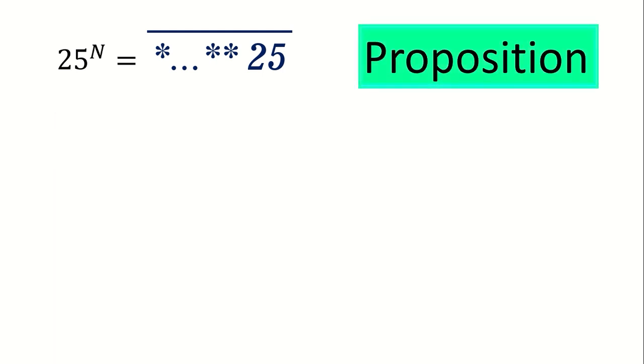So the proposition has been proved: 25 to the power of n has 25 as its two rightmost digits.